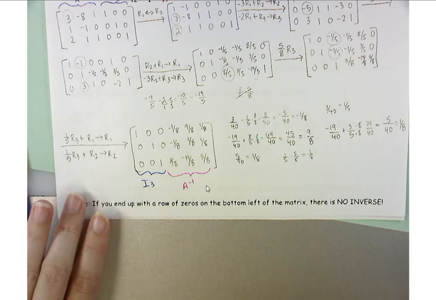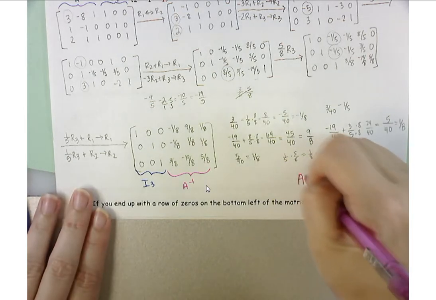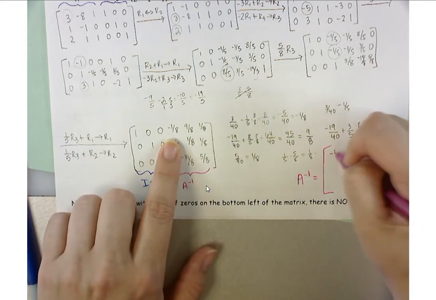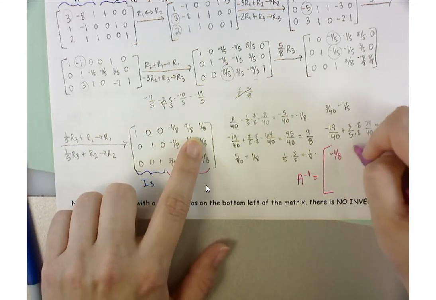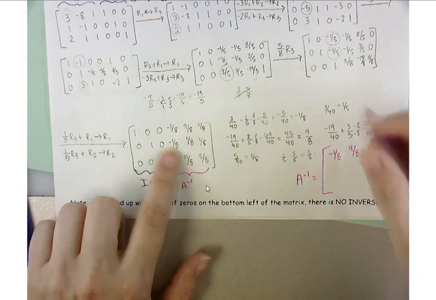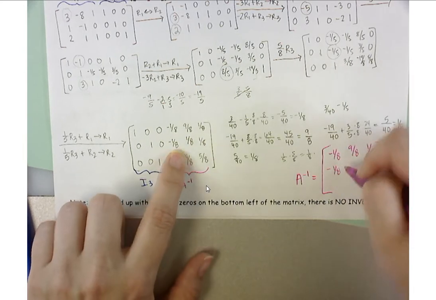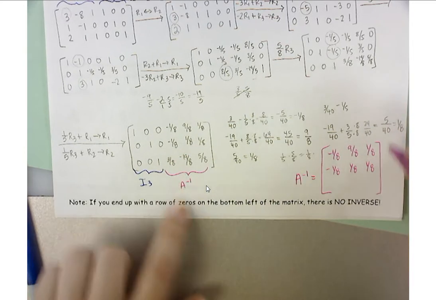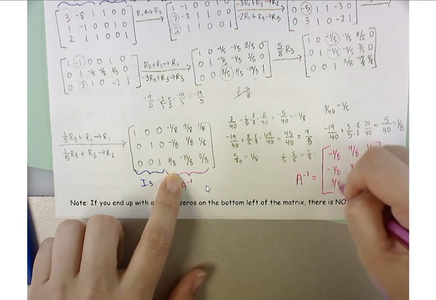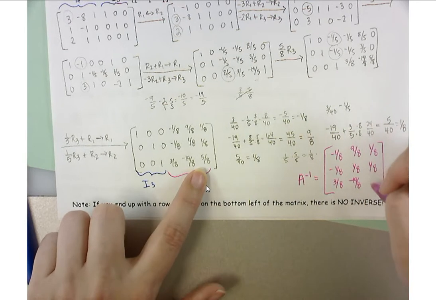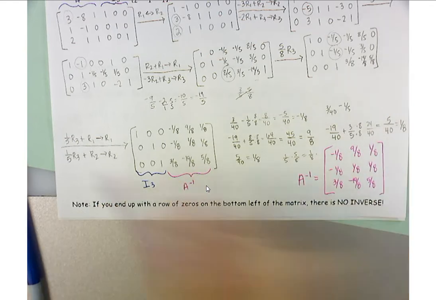Okay, so your inverse matrix is negative 1/8, 9/8, 1/8, negative 1/8, 1/8, 1/8, 3/8, negative 19/8, and 5/8.